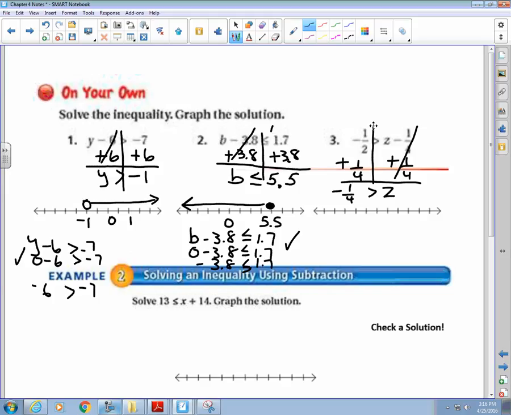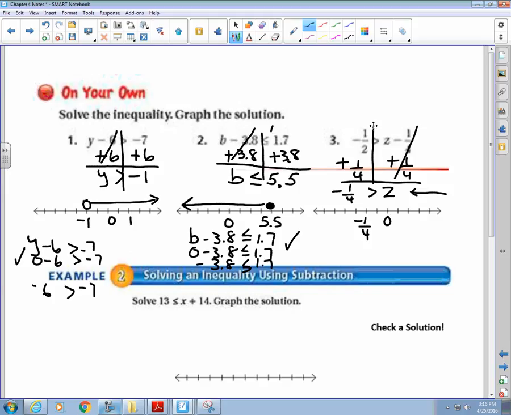Now, remember, when we're graphing, we want to read the inequality starting with the variable and read it towards the number side. So when I read it starting with the variable, it says z is less than negative 1/4. So somewhere on the number line, I'm going to put my 0. I know that negative 1/4 is less than 0, so it has to be to the left somewhere. So I'll just put it here.